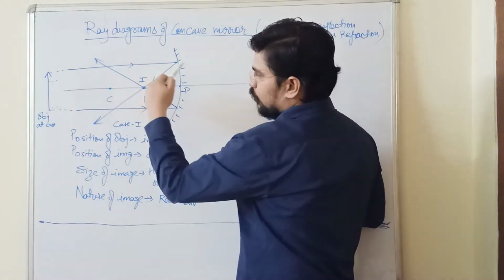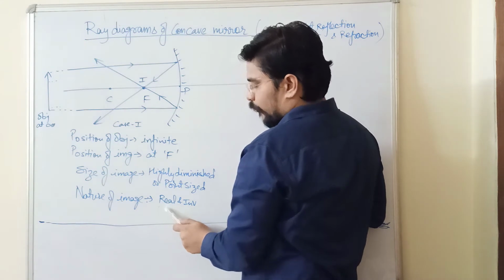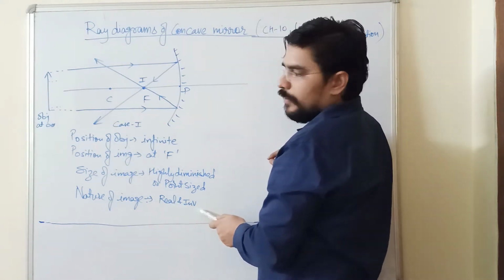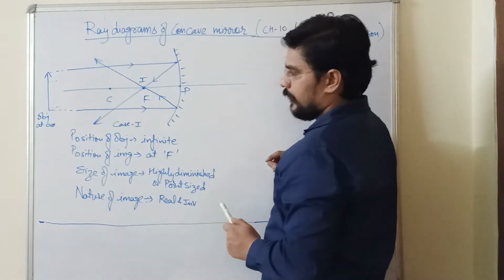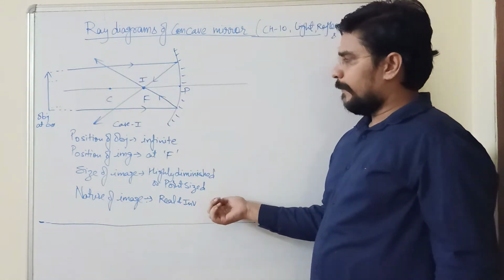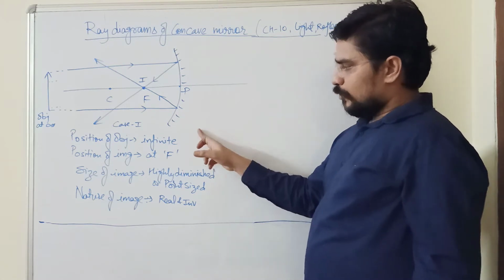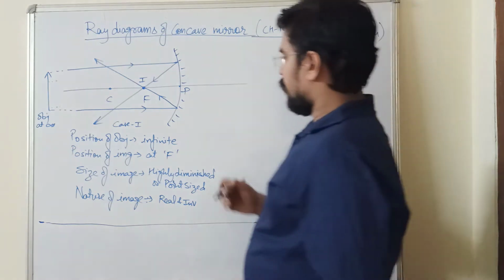So in this case, rays of light are actually meeting after reflection, hence real image will form. And you can remember this, that real image is always going to be inverted, because this is point sized image. We cannot distinguish whether the image is inverting actually, but when we have the image of some finite size, you will observe that it will invert. So these are the details which you need to remember about this first case.